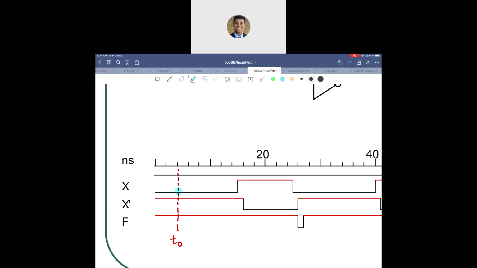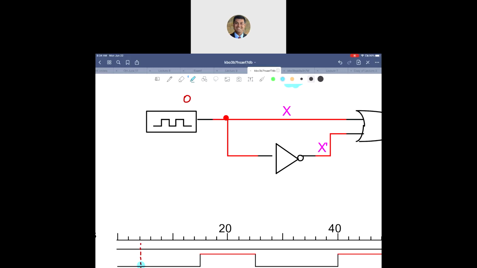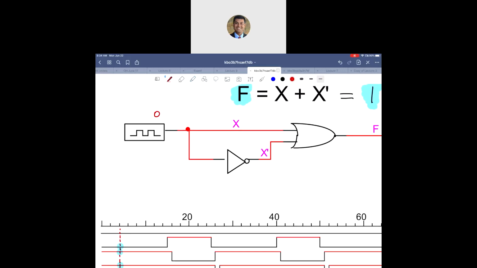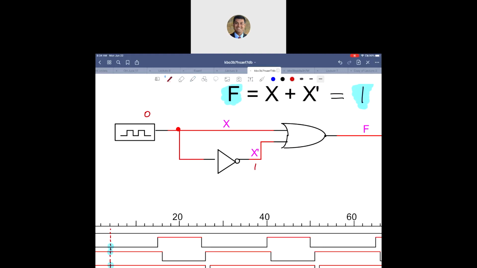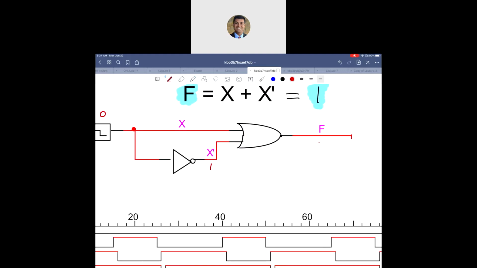X is a 0. X complement is a 1. And what is f? F is also a 1. So x is a 0, and if this is a 0, this will be a 1. And because this is a 1, f will be a 1. That's at time 0.